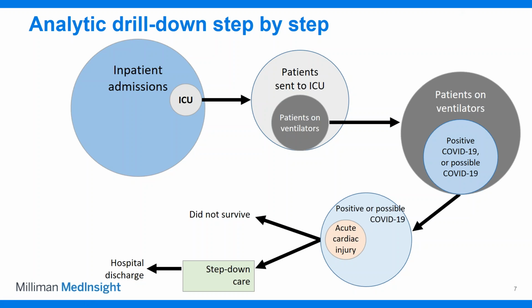So the patients on the ventilators, we use the diagnostic codes, particularly the ongoing evolving guidance, to help us narrow down to those who are actually most likely to be COVID-19 or indeed are confirmed positive. And then of those, at the bottom there, you see we can look at some of those associated diagnoses.